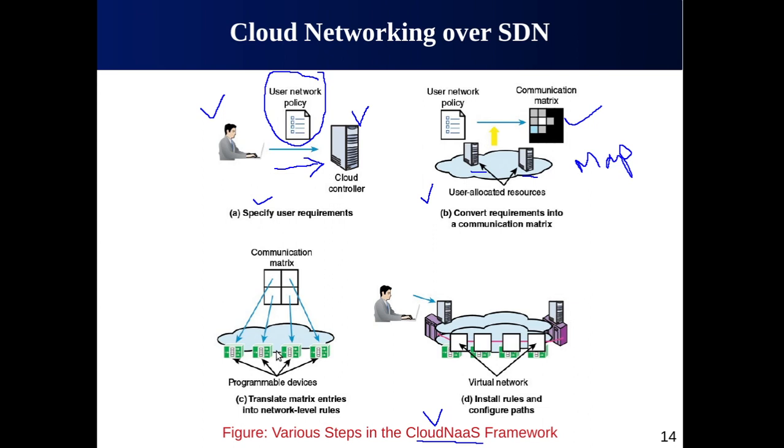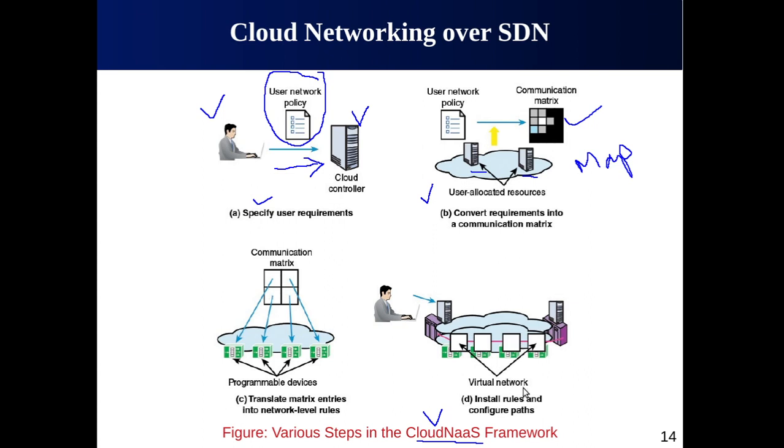The customer virtual machine instances are deployed by creating and placing the specified number of virtual machines. So here is the logical communication that occurs between the switches, which are programmable devices that you can control, and the information is provided from the communication matrix.